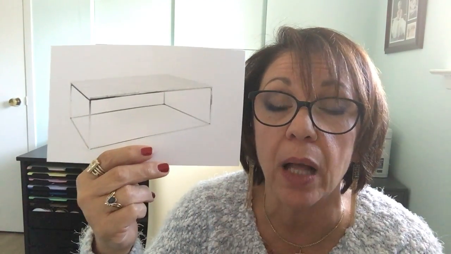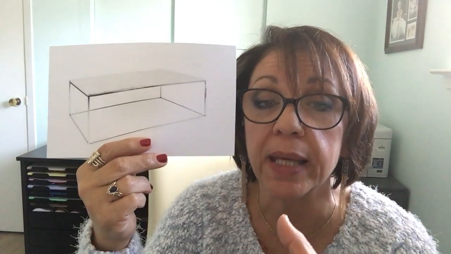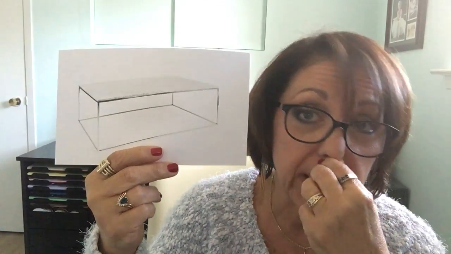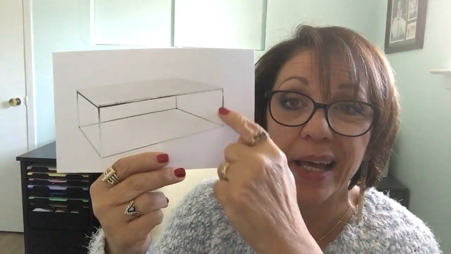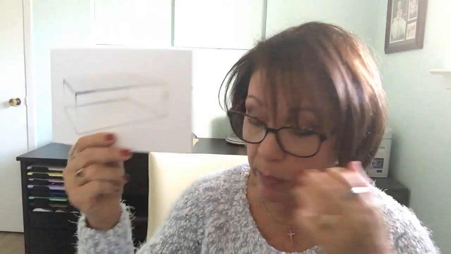I've seen it mixed in with wood. This one's got metal, so there are a lot of different options to this one as well. The problem with the stone is you have to be careful with the food and the drinks because it may stain. You may have to seal it, and again, may not be kid friendly because of the hard edges. I just remember when my sister was really young, she hit her head on the coffee table and cut her ear, so that's why I always point that out.